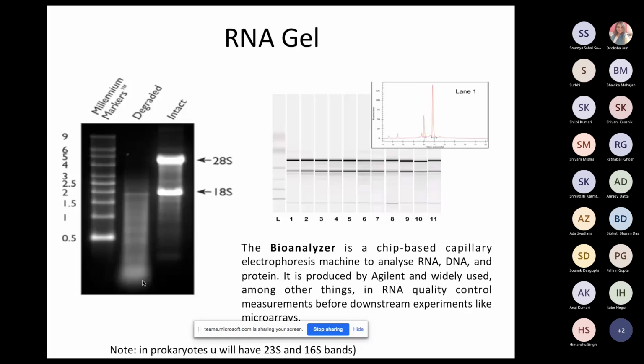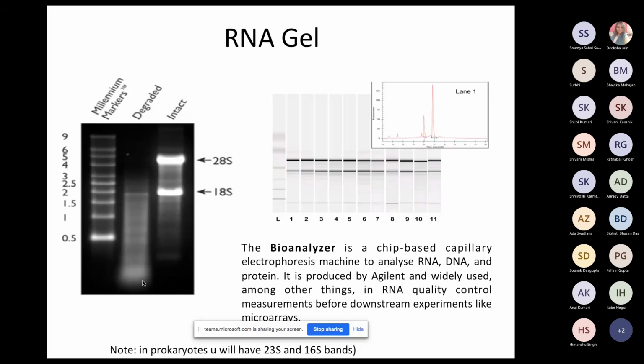You have to do it in a very clean environment. You should not speak over your tube when it is open, so that RNases do not degrade your RNA. All these precautions you will see in various RNA isolation protocols, that you have to take utmost precaution when you are dealing with RNA, be it for isolation or for any further use.